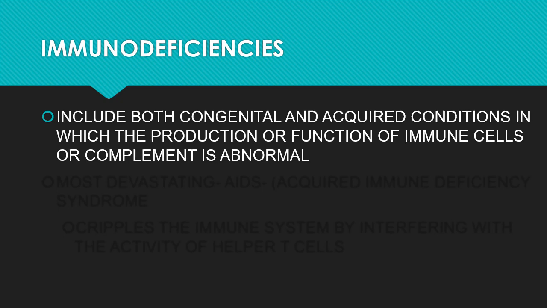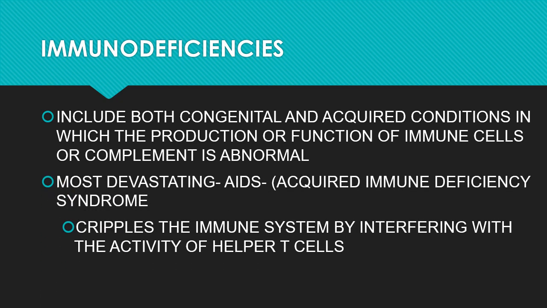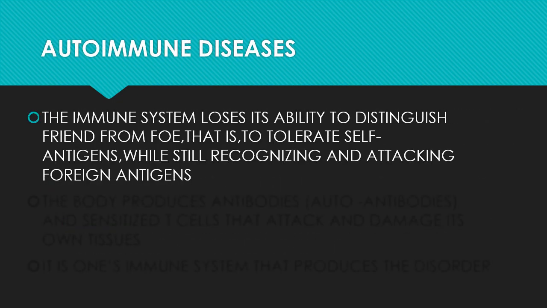Immunodeficiencies include both congenital and acquired conditions in which the production or function of immune cells or complement is abnormal. Most devastating is AIDS, acquired immune deficiency syndrome, which cripples the immune system by interfering with the activity of helper T cells. Autoimmune diseases are when the immune system loses its ability. So what do we mean by autoimmune diseases?